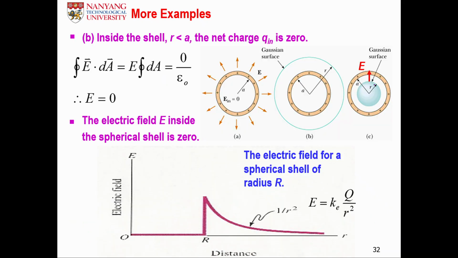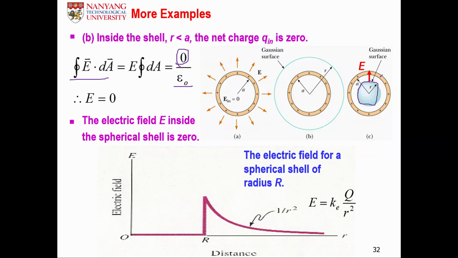And if it is inside, let's say somewhere here, then you will have a Gaussian surface inside the spherical shell. If you apply Gauss's law, integration of E dot dA equals Q in over epsilon naught. Now, Q in is just 0, right?